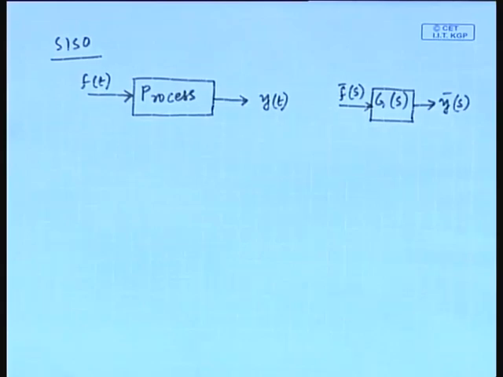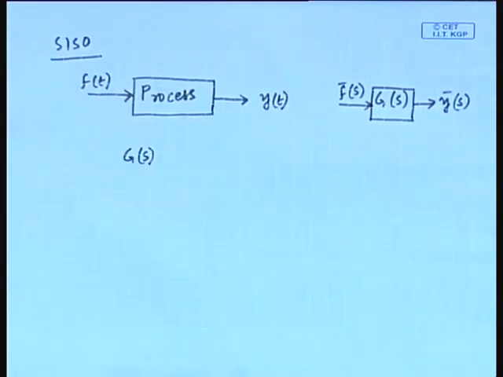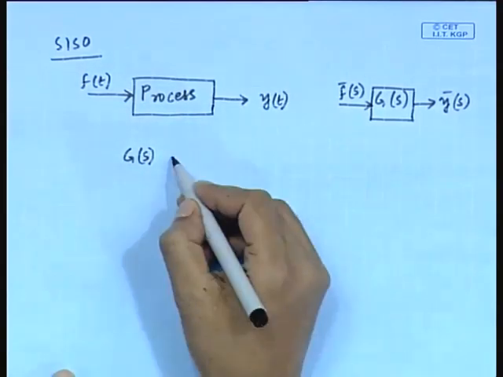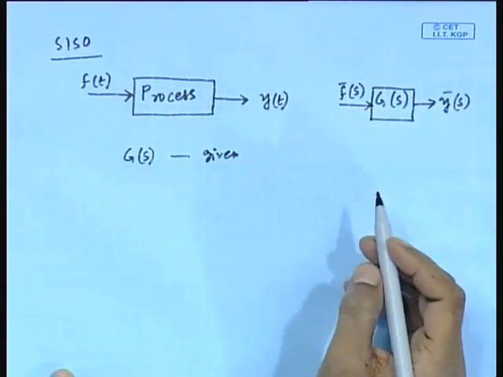Now, G(s) is known to us. I mean, if we have the process model, we can easily derive the transfer function for that process. So, G(s) is suppose given.